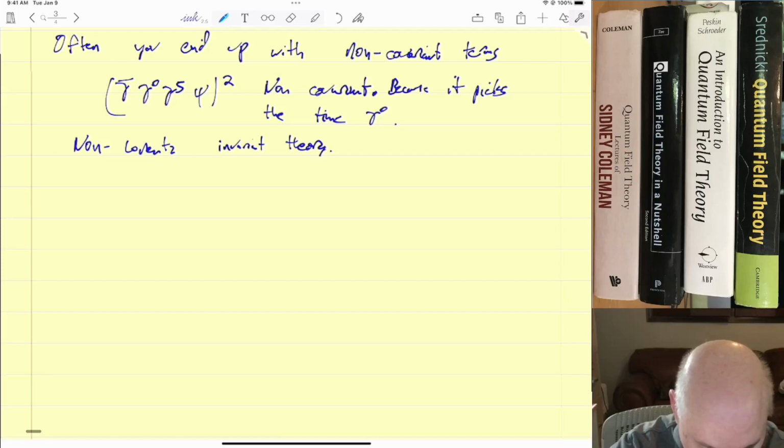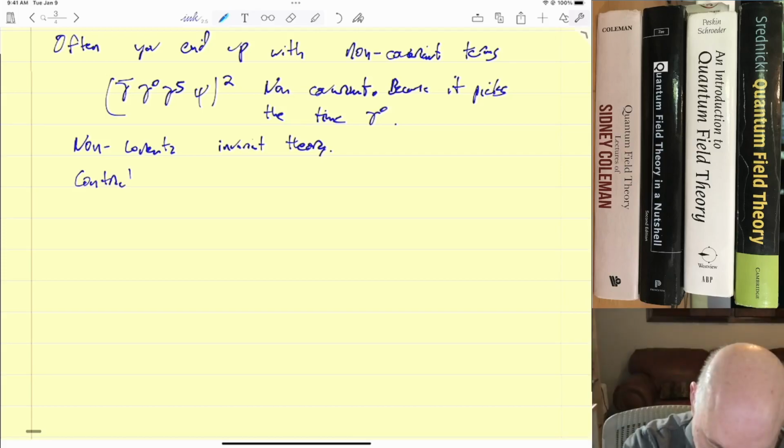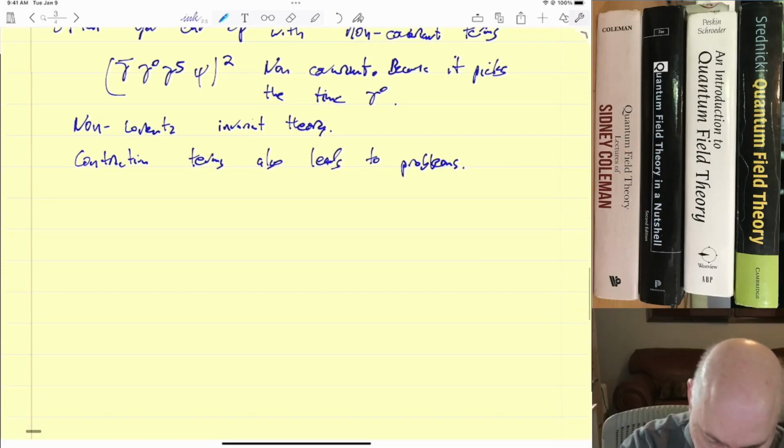And also he points out that you also get problems with the contraction terms. So you'll get terms like this when you do a contraction, and again, he works this out. Because you have derivative couplings, you're going to get all kinds of things like this.